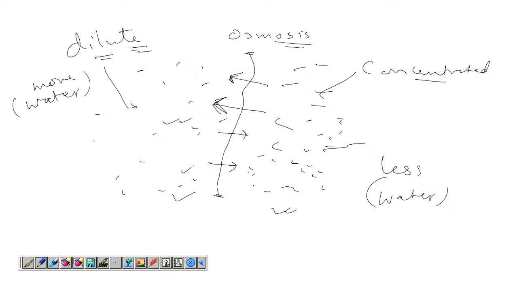It diffuses in such a way that the concentration of water on the left hand side is exactly the same as on the right hand side. Earlier it was high concentration on one side and low on the other. Now the concentration of water is equal on both sides.